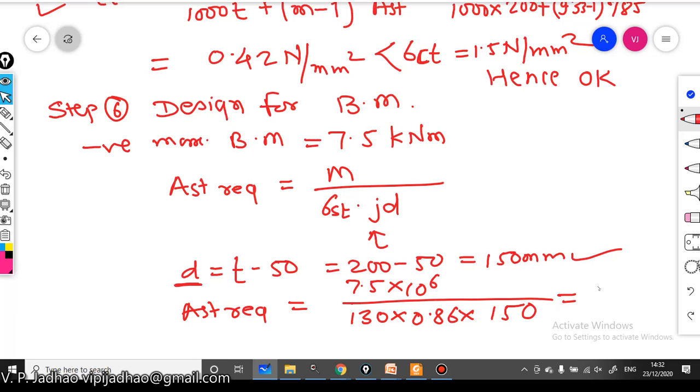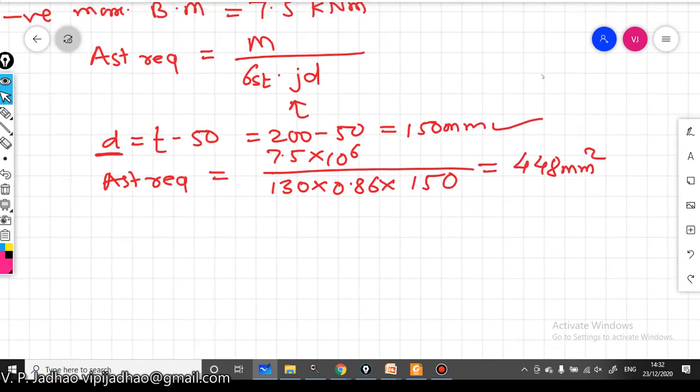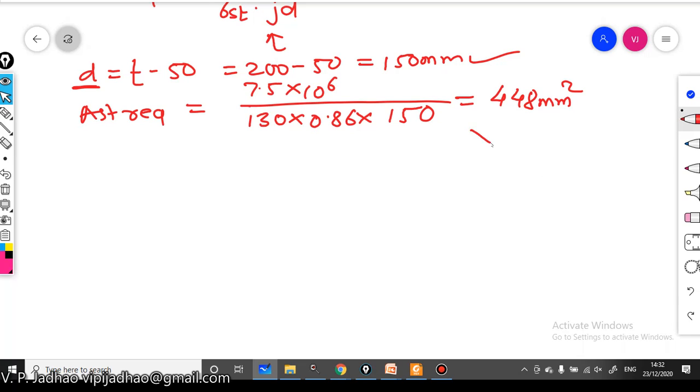So AST required is equal to 448 mm square, and this value of AST required is again greater than AST minimum, which we already calculated as 350 mm square, and hence it is okay.